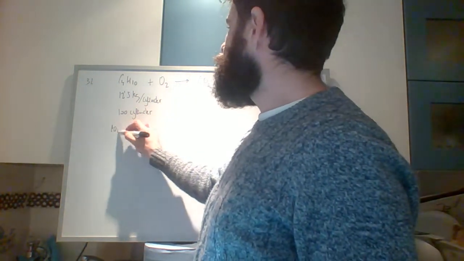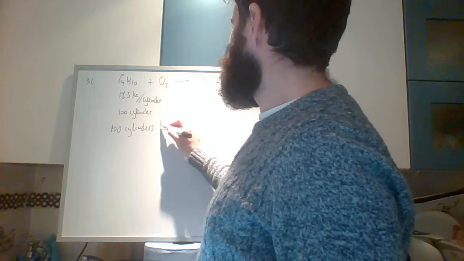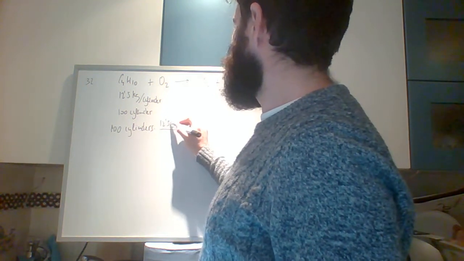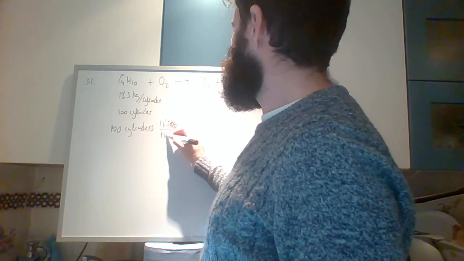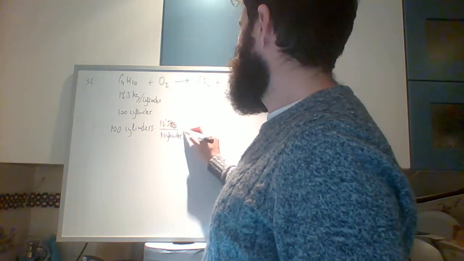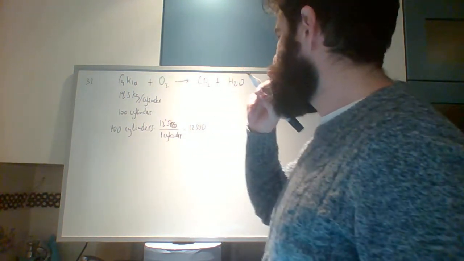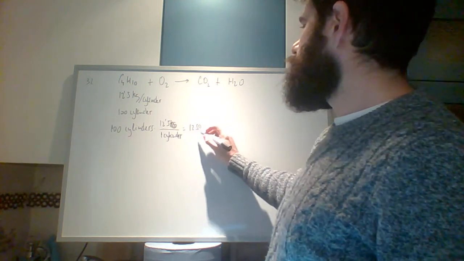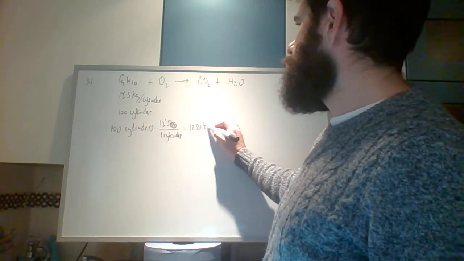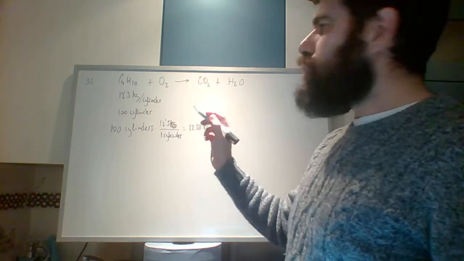So 100 cylinders multiplied by 12.5 kilograms per cylinder equals 1,250 kilograms of butane.